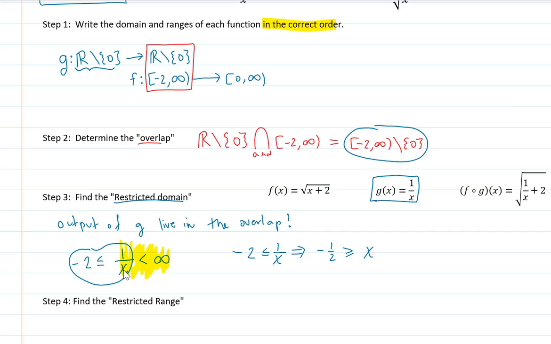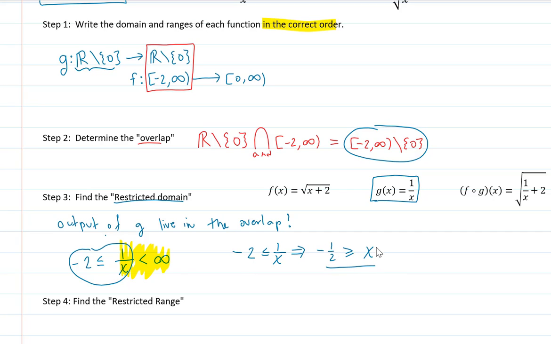Let x be 1. Is 1 less than or equal to -1/2? Well, no. But clearly, if x is 1, 1 over 1 is greater than or equal to -2. That checks out. In particular, if x is any positive number, then 1 over a positive number is greater than or equal to -2. So this is not the full story.